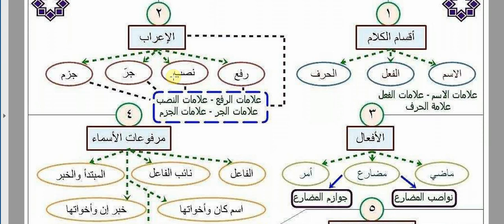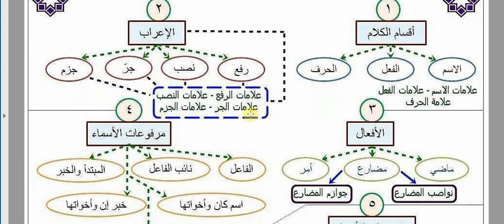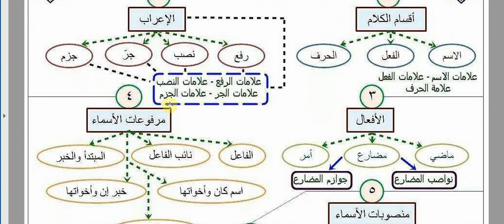Here it gives you the 4 states of i'rab, or how the end changes on a verb or a noun. You just look at this quickly, and if you want to review what you know, you just always open to this page and look at these. So these are the states of a noun and a verb.